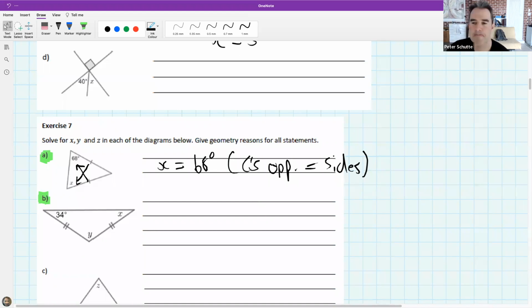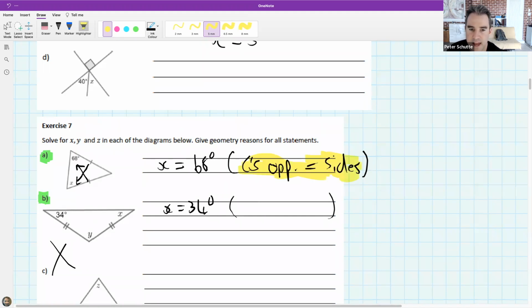Hi, Faith. Hi, sir. Hey. X is equal to 34 because it's vertically opposite angles. It's not quite vertically opposite, because vertically opposite would be this, but you're close. Can you see the reason above here? It would be this one. Angles opposite equal sides. Yeah, that's fine. But that was awesome. 34. I agree with you.